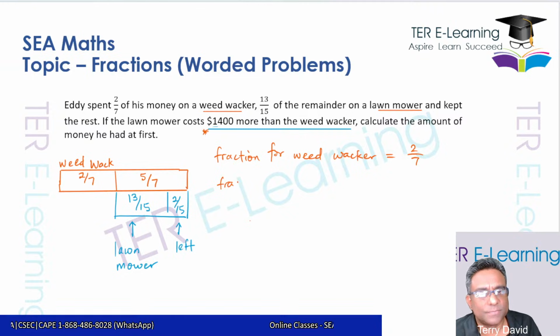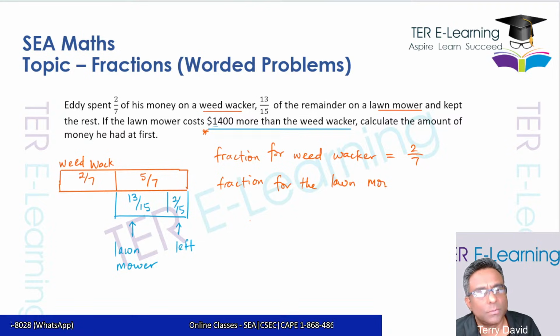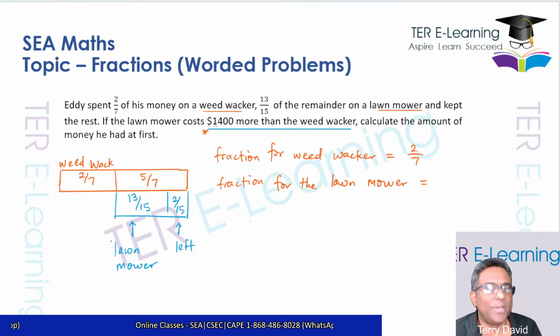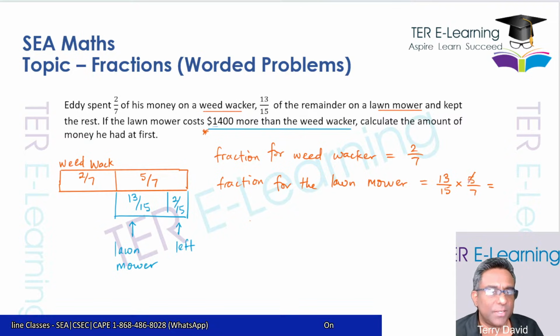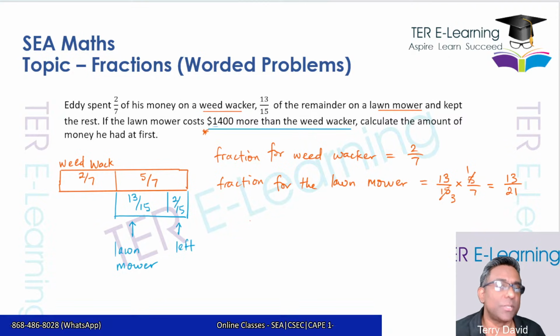The fraction for the lawnmower, when we're looking at a fraction of the whole, we have to take 13/15 and multiply that by 5/7. Let's see what fraction we get. This 5 can go into this one time, and this here will be 3. So that'll be 13/21. That's the fraction of the whole that was used to purchase the lawnmower.